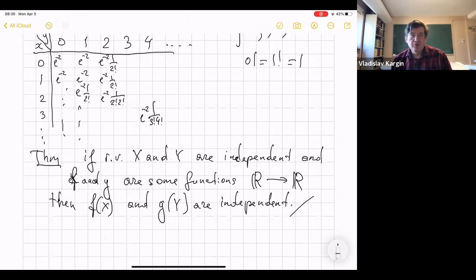It just says that if you learn something about f of x, some function, say square of x, and x doesn't give you any information about y, then this function square of x also doesn't give you any information about y or about any function of y. So it's more or less a trivial thing, but you need to prove it. If you want to see the proof, you can see the lecture notes.